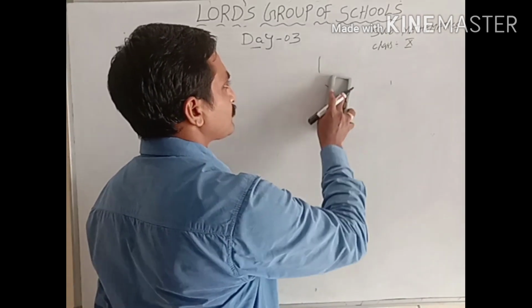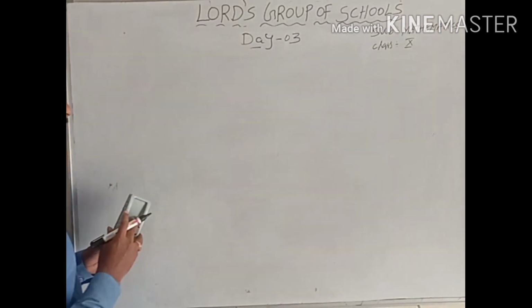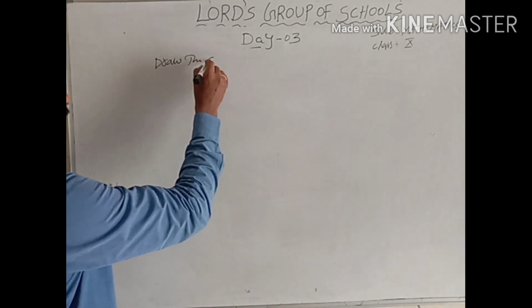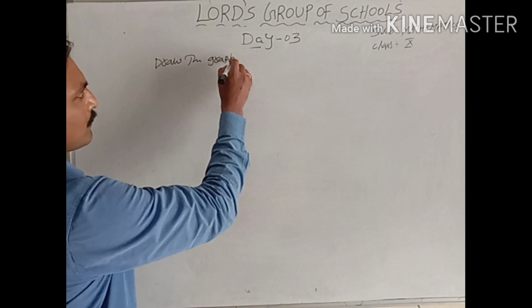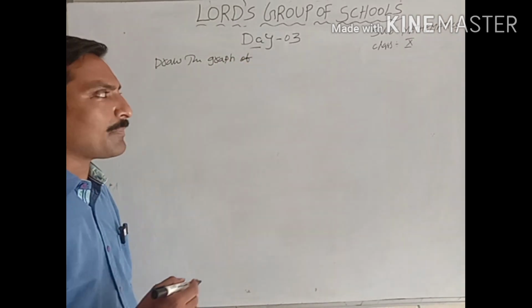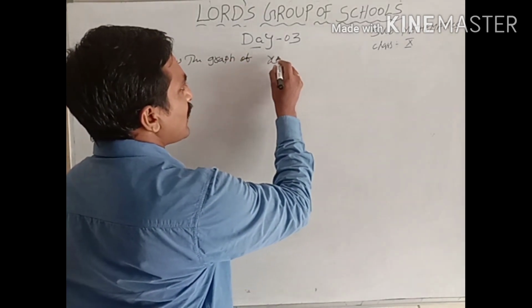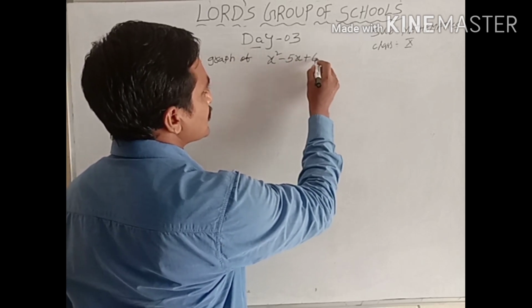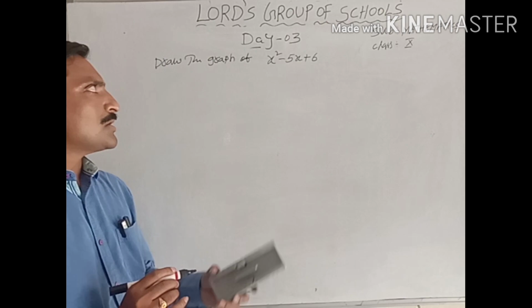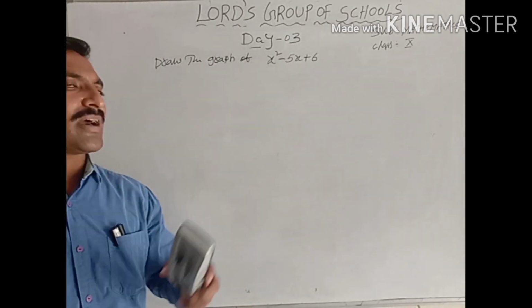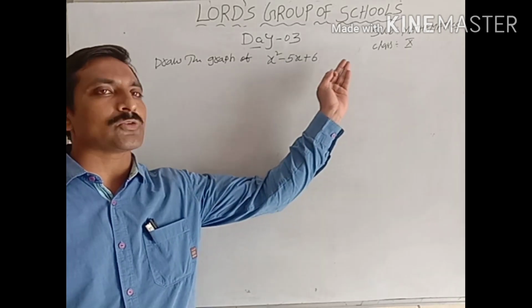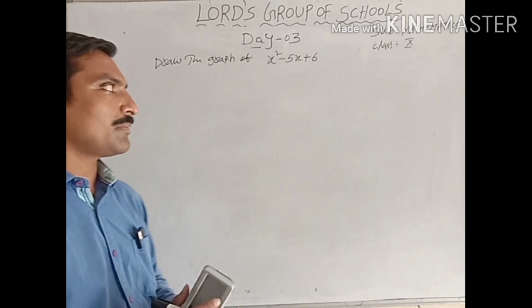Today's discussion: for example, I will draw the graph of x square minus 5x plus 6, and find the zeros through the graph.